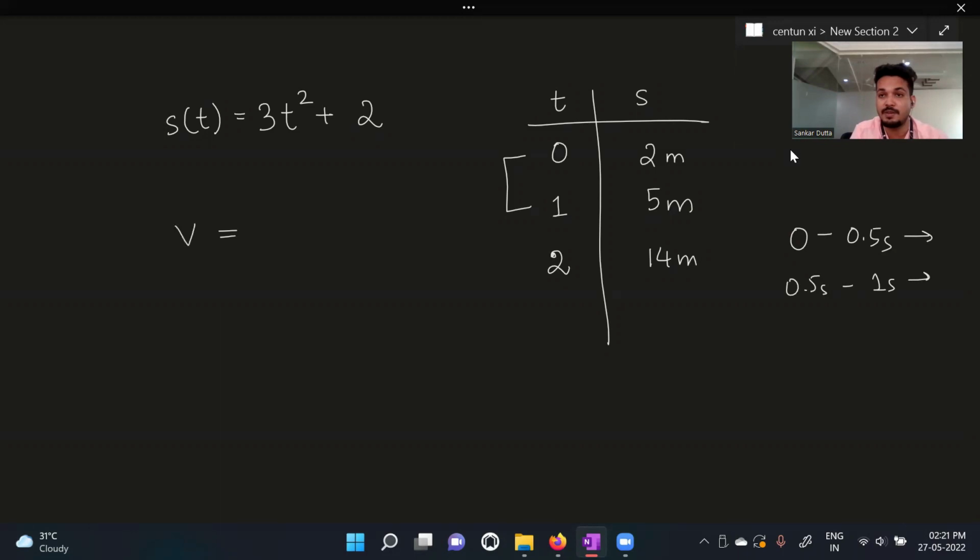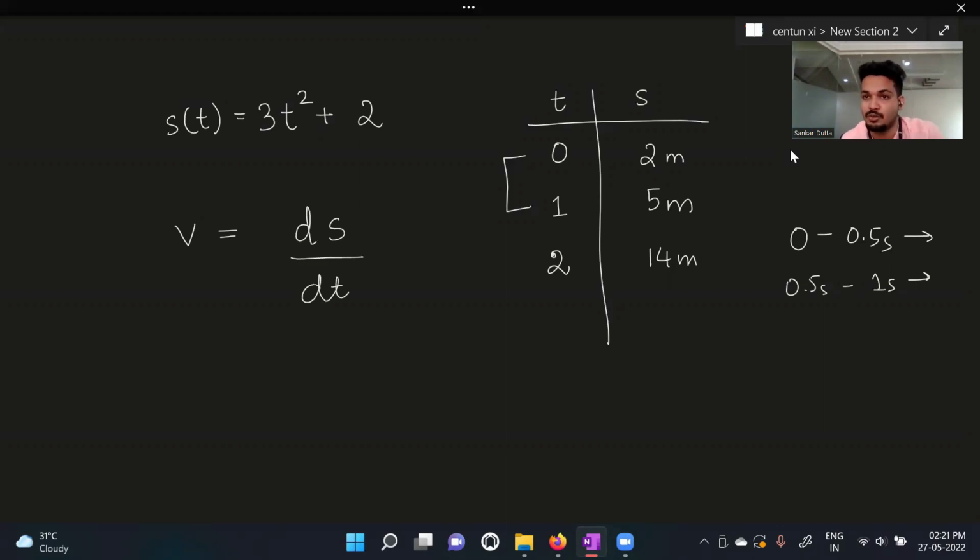So let's find out the velocity. Velocity is displacement upon time. But if I want to find out the velocity of a variable displacement, I have to use what? Differentiation of displacement with respect to time.